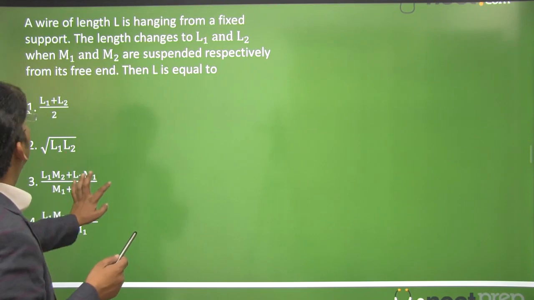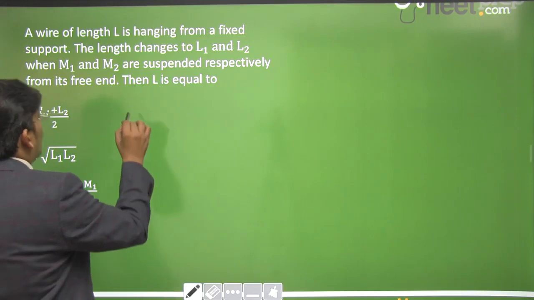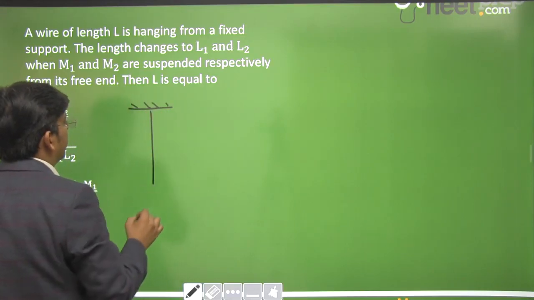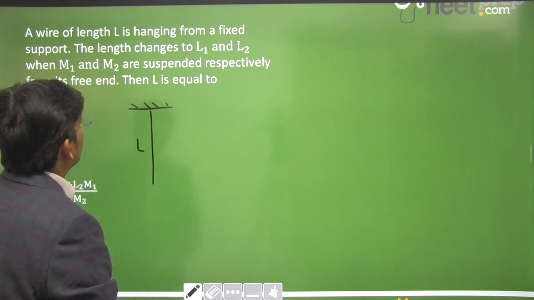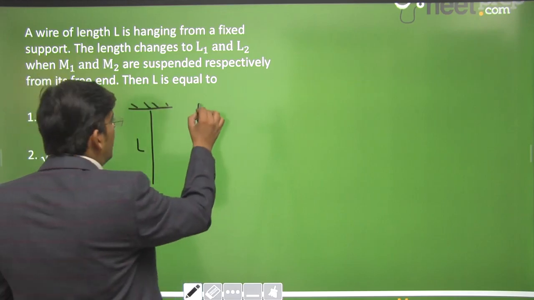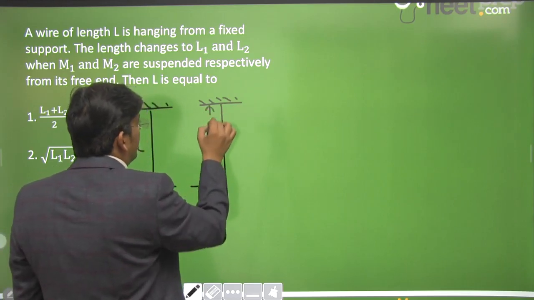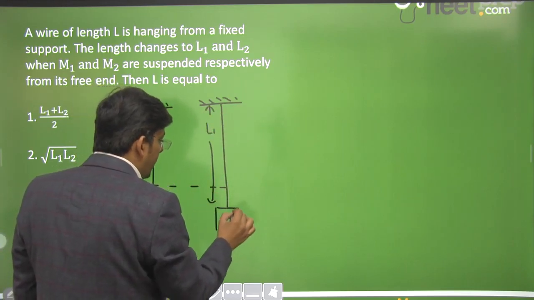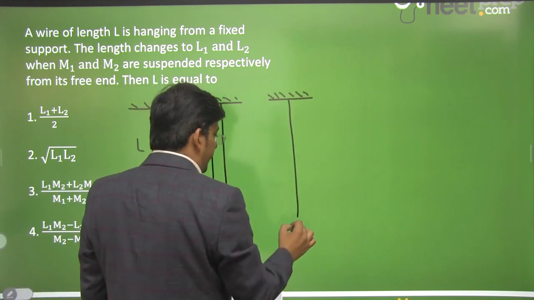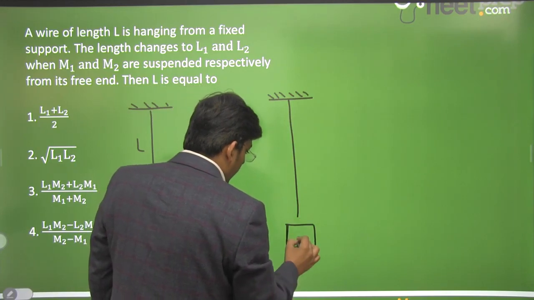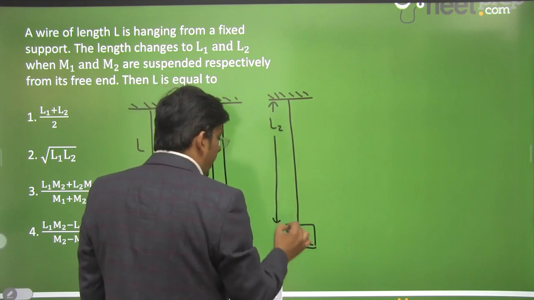Next question. A wire of length L. The original length of the wire is L, dear students. The length changes to L1 and L2 when masses M1 and M2 are suspended respectively from its free end. Easy question. So length of the wire becomes L1, dear students, when we hang a weight M1 from it, and again the length of the wire becomes L2 when we hang a weight M2 from it.